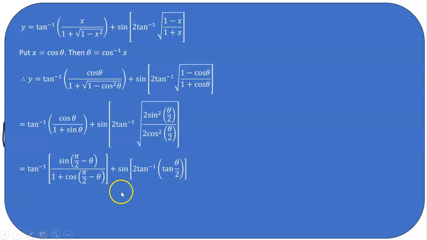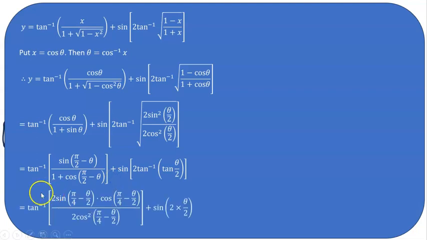Now next, this cos theta can be written as sine of pi by 2 minus theta, and sine theta can be written as cos of pi by 2 minus theta. Hence the expression is tan inverse of sine of pi by 2 minus theta upon 1 plus cos of pi by 2 minus theta, plus sine of 2 tan inverse of tan of theta by 2.